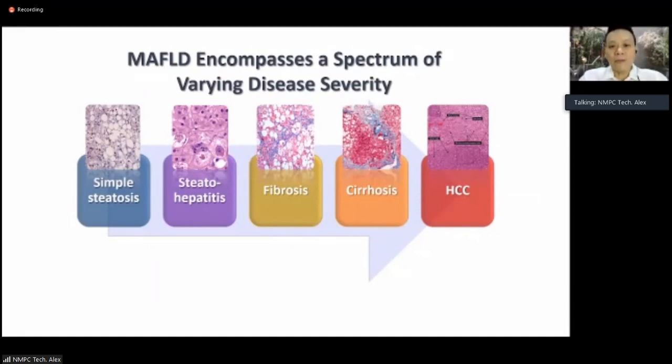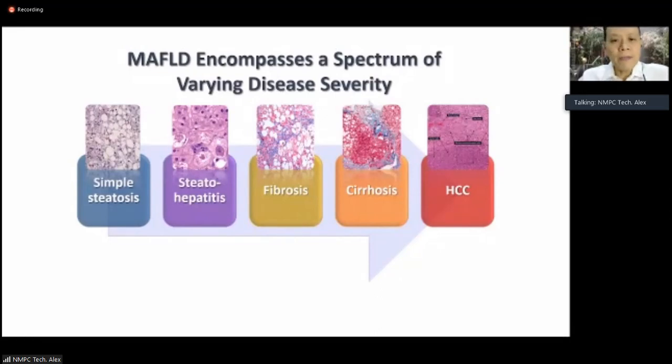And in a way, it's true, because most patients with fatty liver disease die of cardiovascular disease or cerebrovascular disease. But a good proportion of them also die of liver disease. In fact, in the States, the most common etiology for liver transplant nowadays is already fatty liver disease and not hepatitis C anymore.